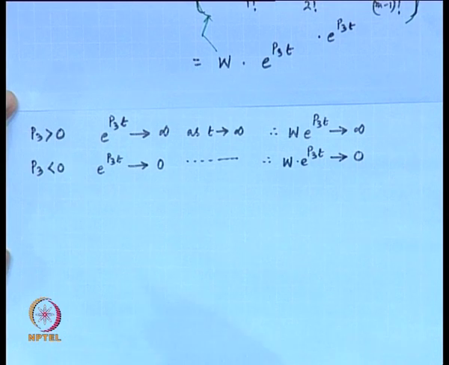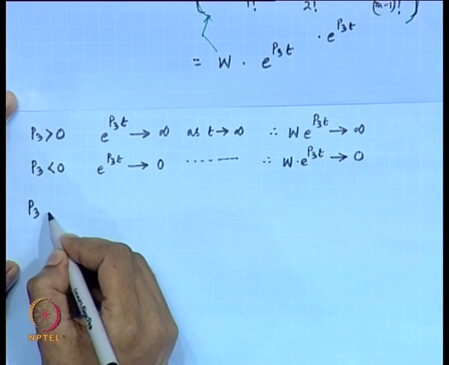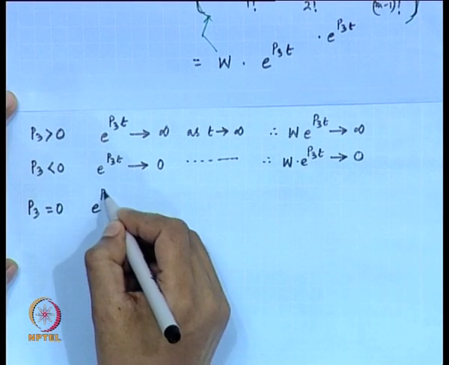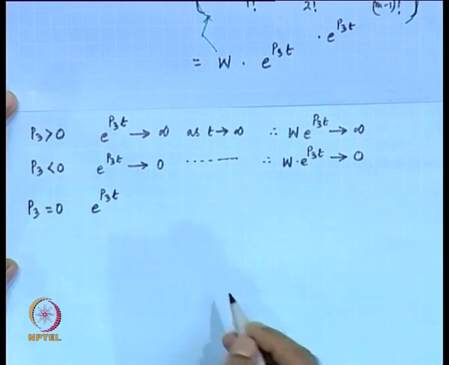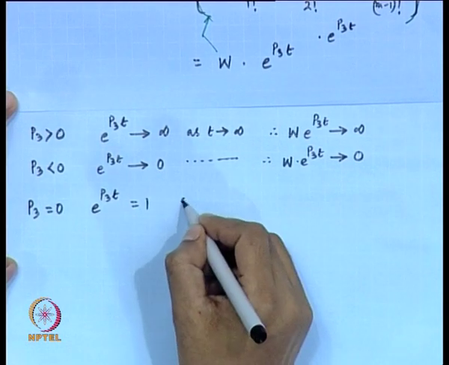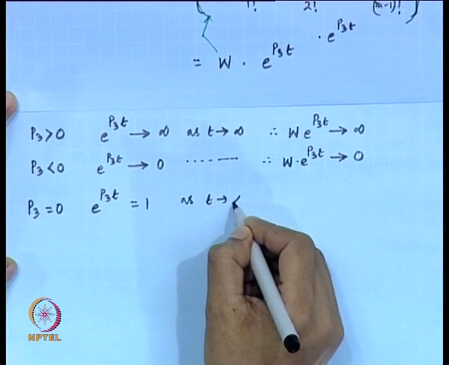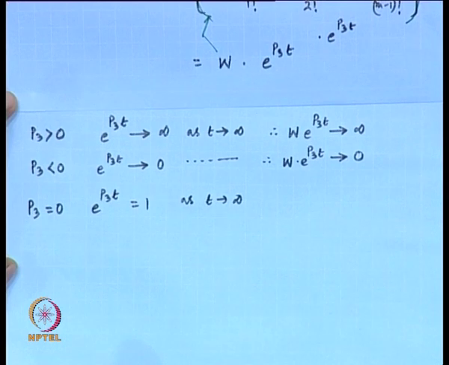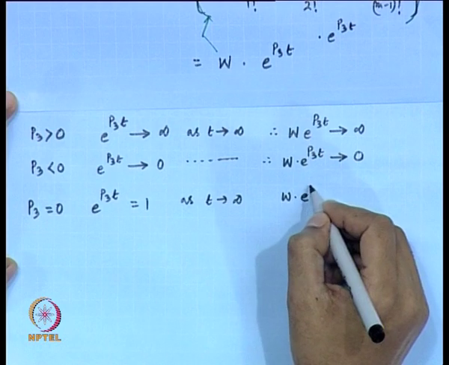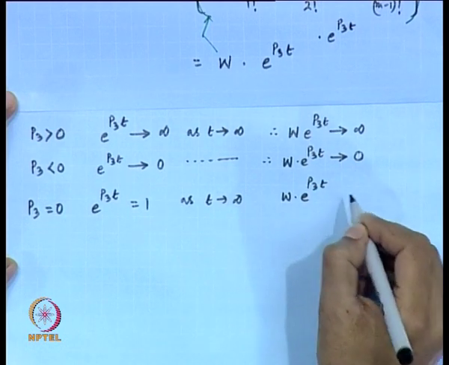Fine. And in the third case, if we consider P 3 equal to 0, exponential of P 3 t becomes 1 as t tends to infinity. So, what about this w multiplied by exponential of P 3 t?